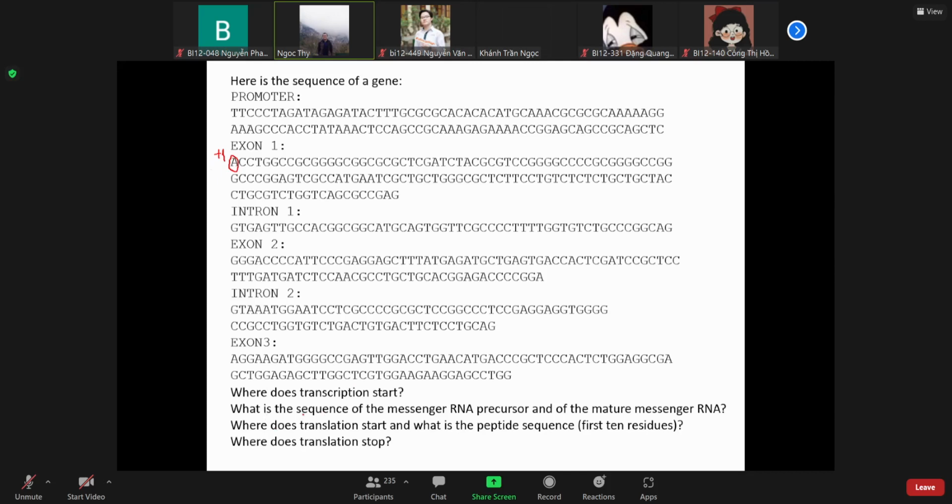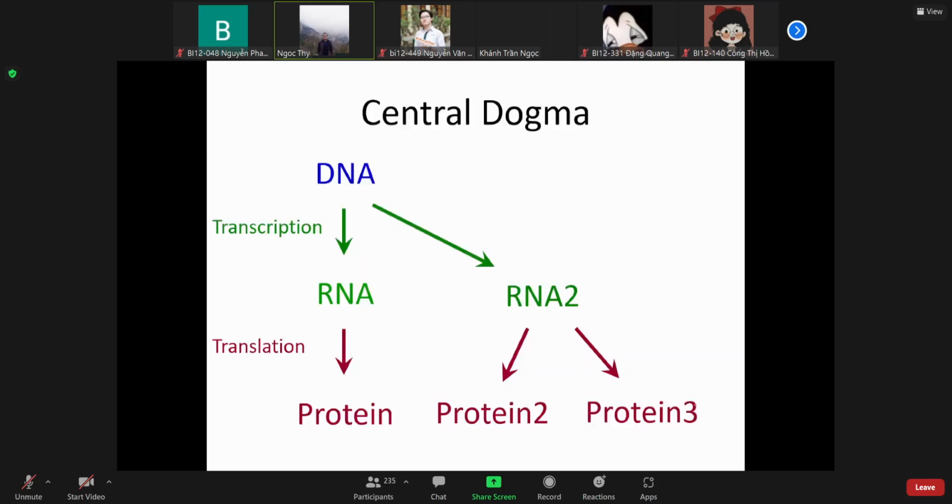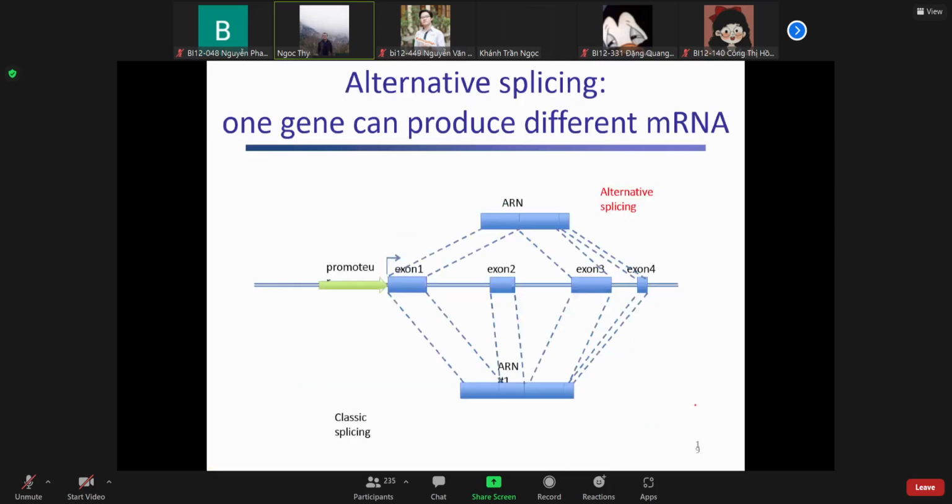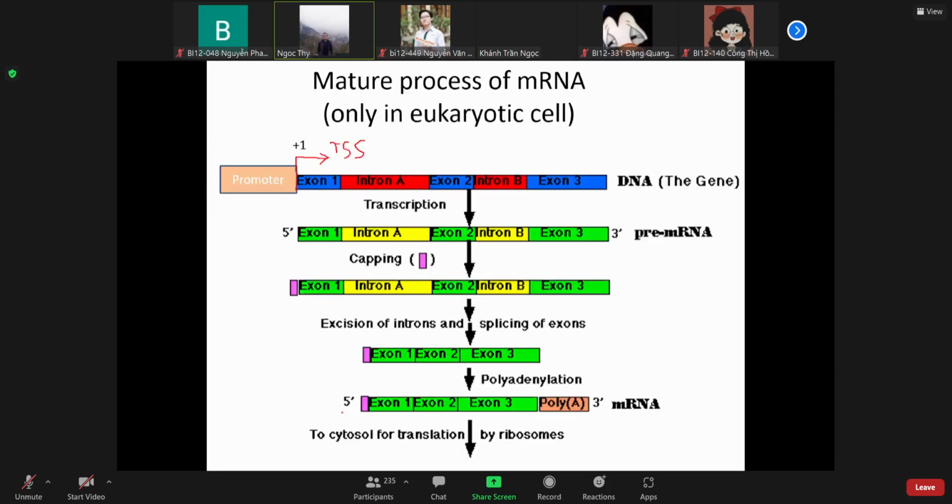Second question: what is the sequence of the messenger RNA precursor, the immature mRNA? What is the sequence of the mature messenger RNA? So we come back to the same slide. This is the premature mRNA, so it includes all the exons and all the introns. And the mature mRNA includes only the exons.